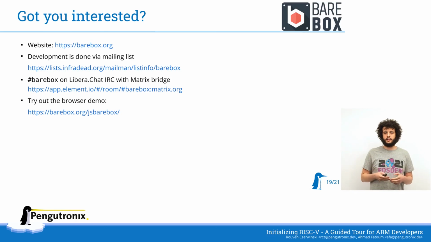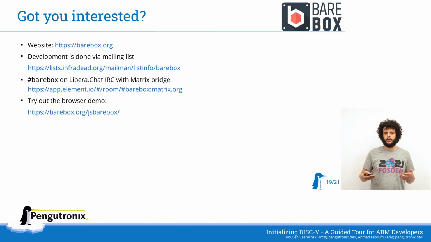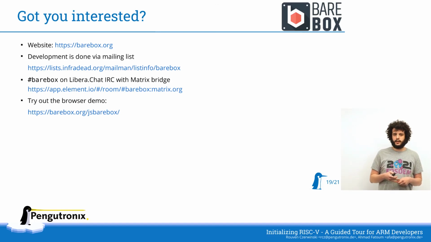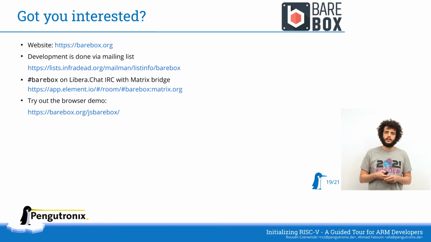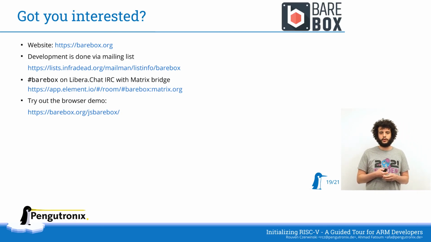It has a very Linux-like structure. So you have RISC-V for all the ISA support. You have a drivers directory for the drivers. Some of them are used for ARM and for RISC-V. And there are frameworks that enable this to happen portably. Development is done via a mailing list, and there is also an IRC channel where you can chat with other people in real time. There is a Matrix bridge, so you could also do that out of your web browser.